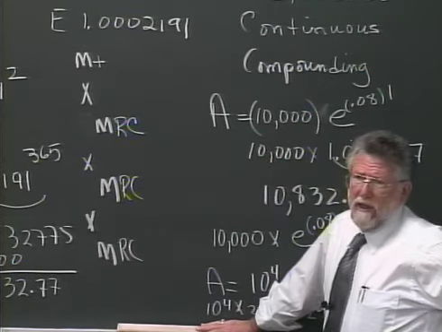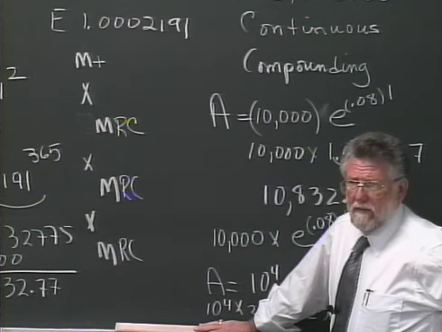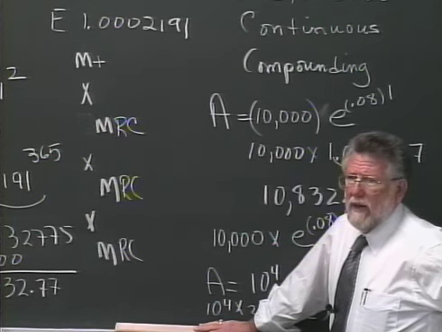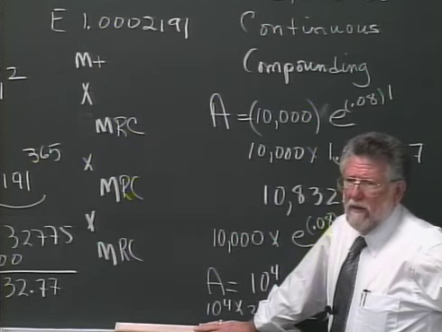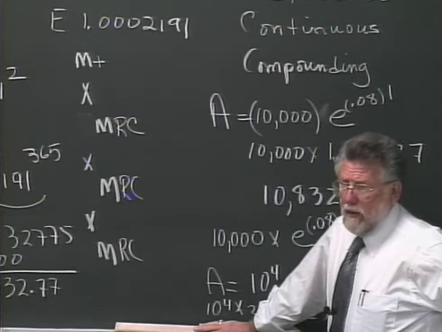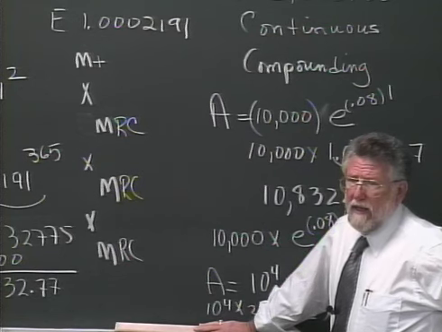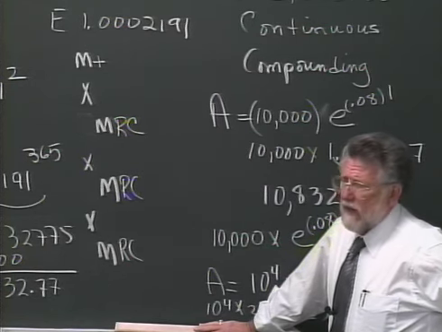And you were fortunate enough to put it in an account that gave you 8% interest. Continuous compounding. How much money would you have when you retire if you don't touch the money in the bank? So you put it in the bank at the age 25, and you let it sit there 40 years, and you retire.